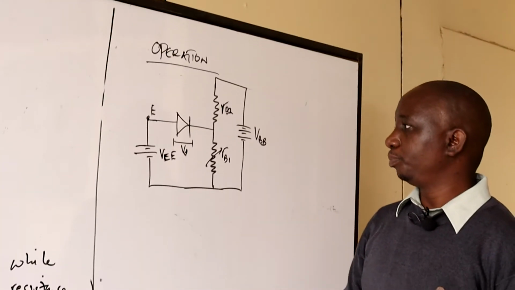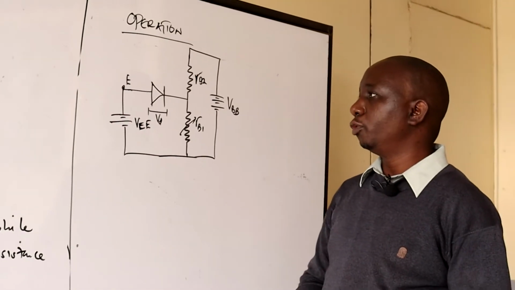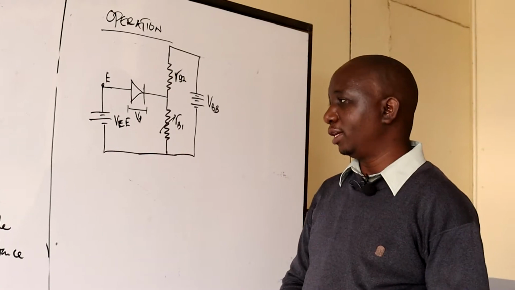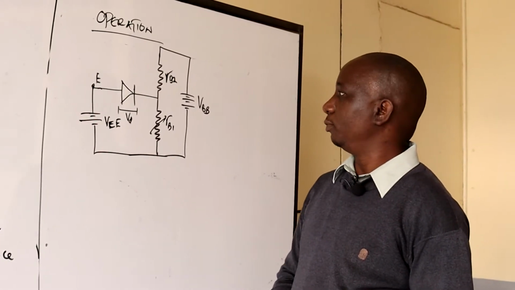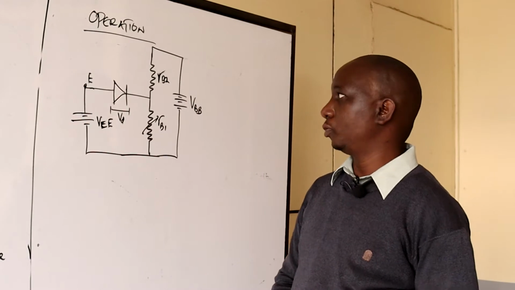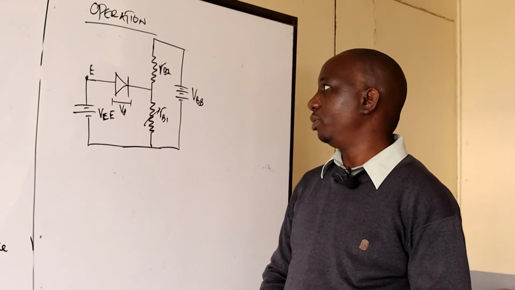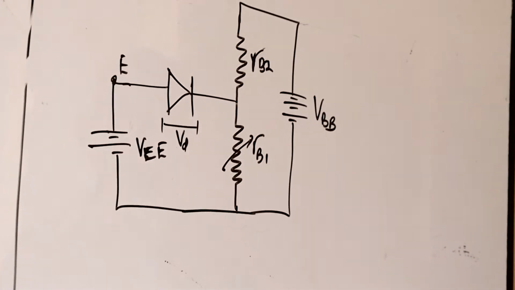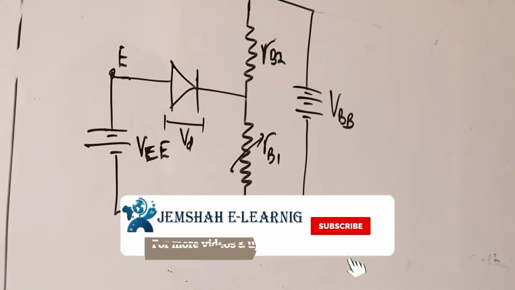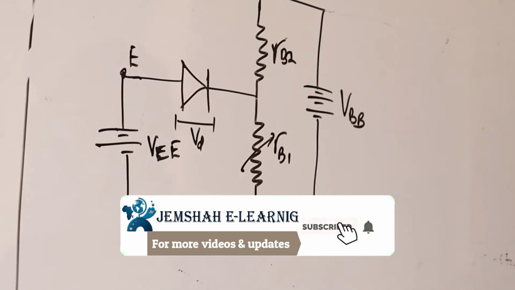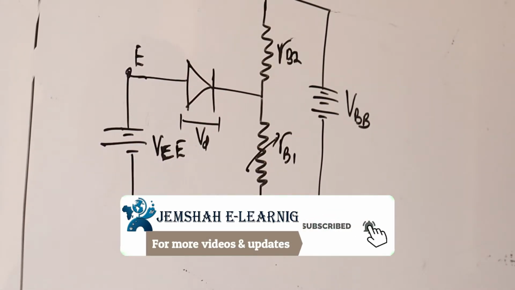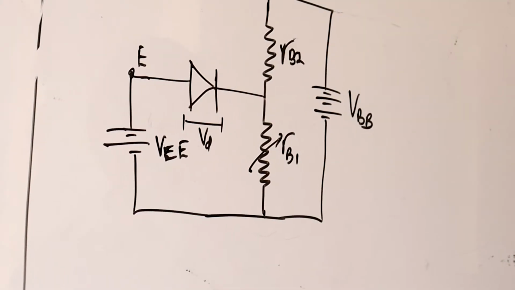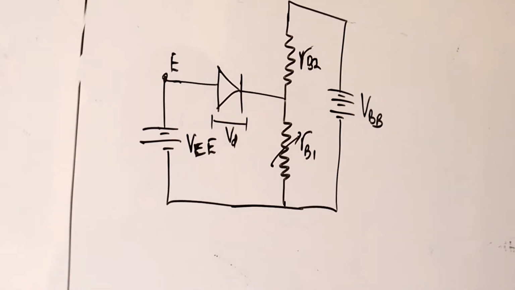For us to bias the PN junction, we need a bias voltage. When you look at this, the output terminal is connected across VBB, referred to as the interbase supply voltage. We still have the other circuits as previously described. In this case, we also have another voltage across the emitter terminal, which is across the PN junction, connected at the center of RB1 and RB2.